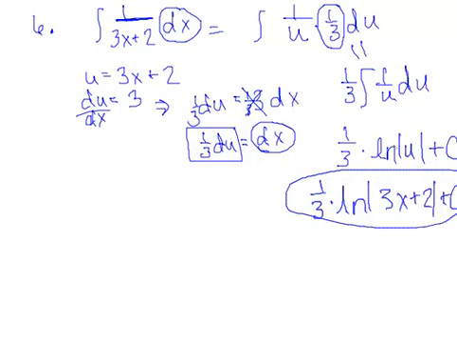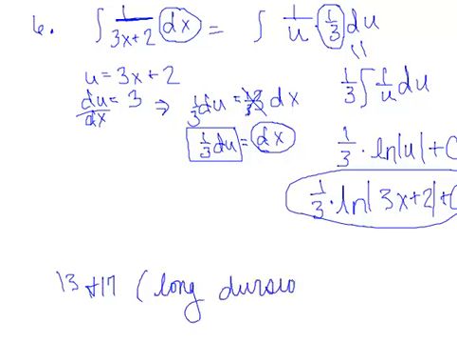Alright, for numbers 13 and 17, I am going to tell you you're going to need long division of polynomials. This is not something that I'm going to go over in this particular video.